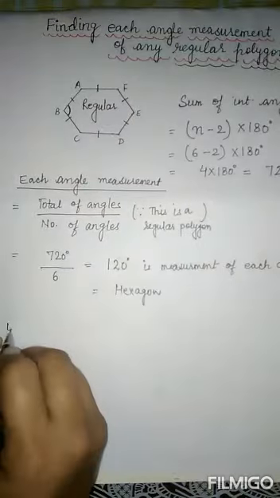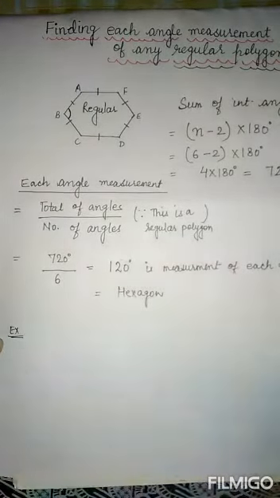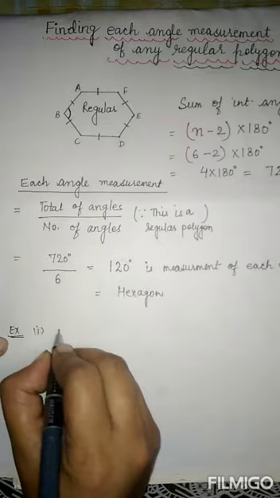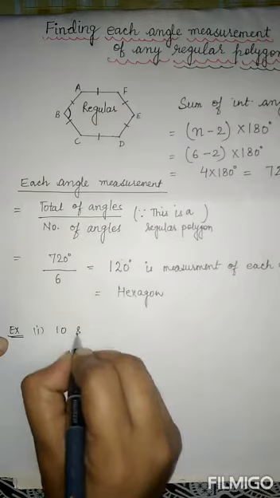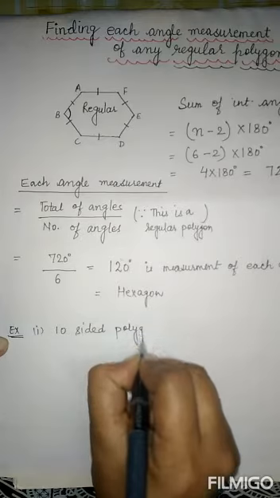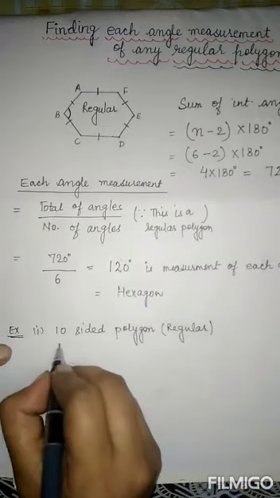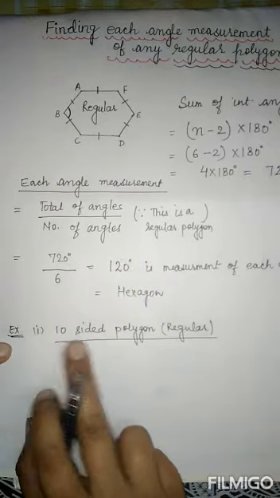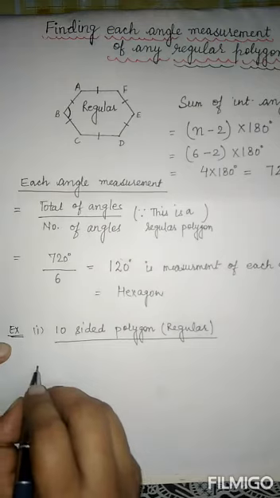Let us take one example. If there are many regular polygons, let us take a decagon, a 10-sided polygon that is regular. If we are going to find each angle of a decagon, first of all we must know the total sum.